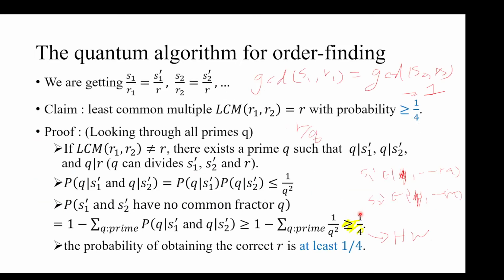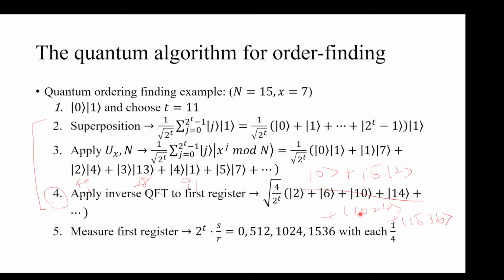So let's try a little bit, and so we know r equal to 4, and so we should have 2 to the t divided by r, equal to 2 to the 11 divided by 4. This should be 2 to the 9 equal to 512.